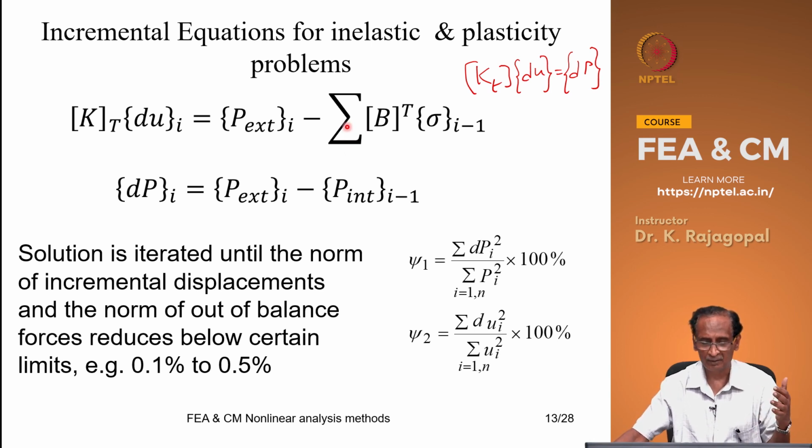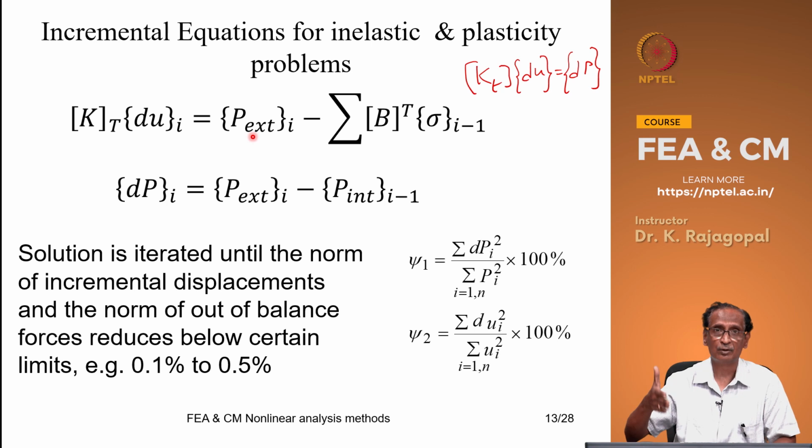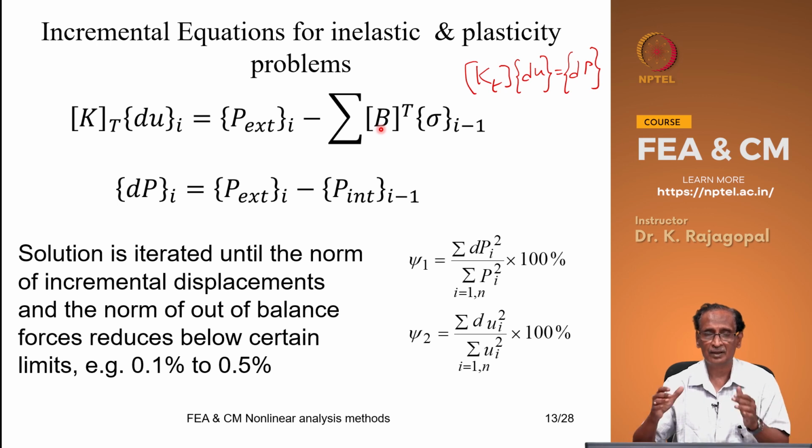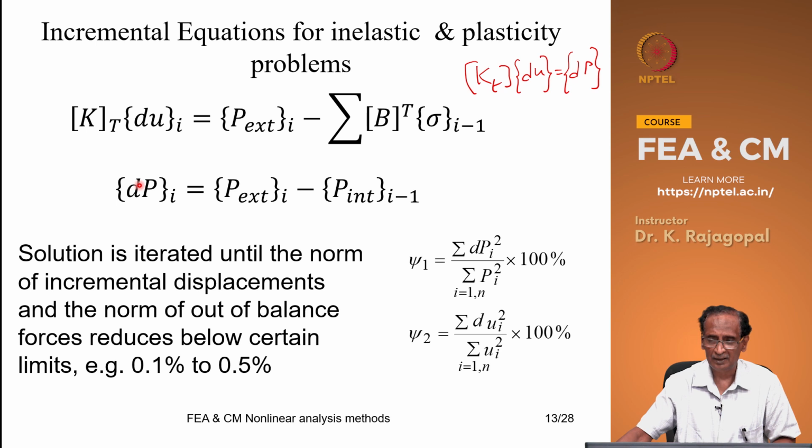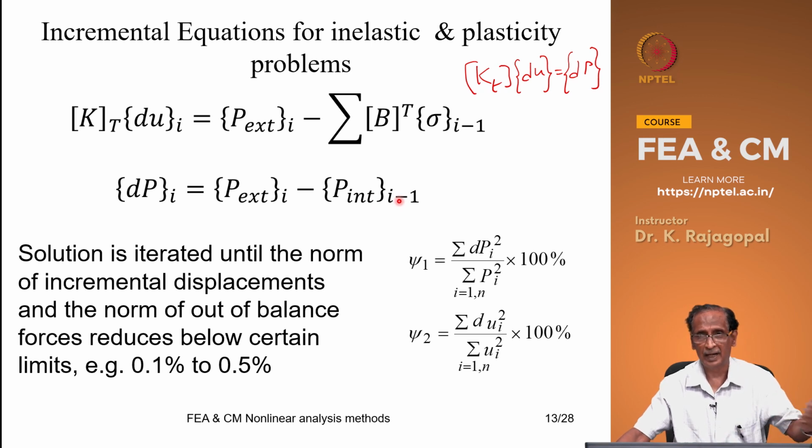We calculate the reaction force and then sum them up, and the P external is the applied load that is applied on the system, and then this is the reaction force, and the difference is our incremental load. So our dP that we defined earlier is now the difference between the externally applied load and the internal reaction, P external minus P internal corresponding to the I minus 1.